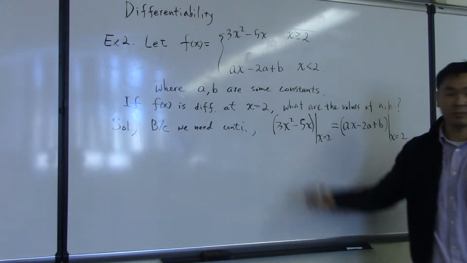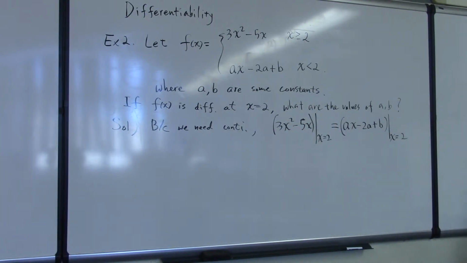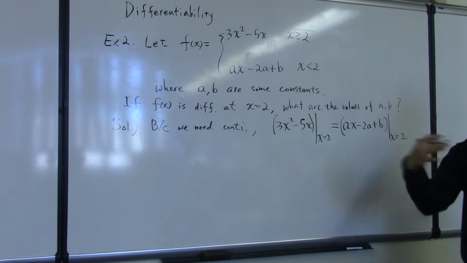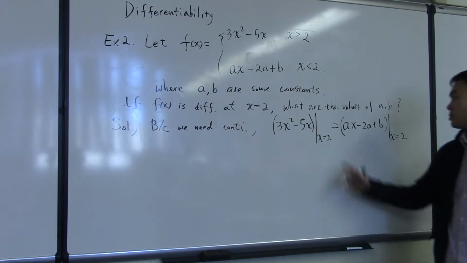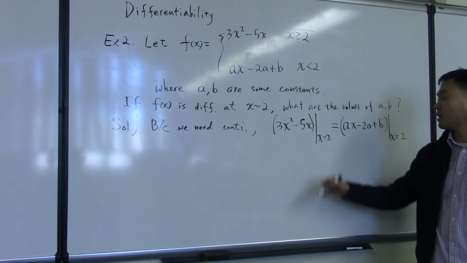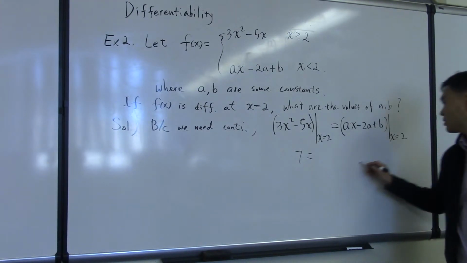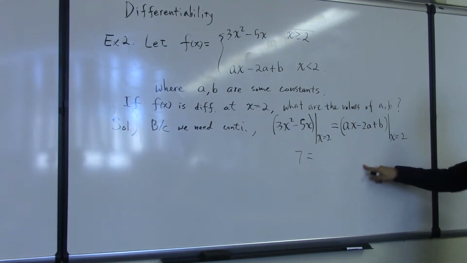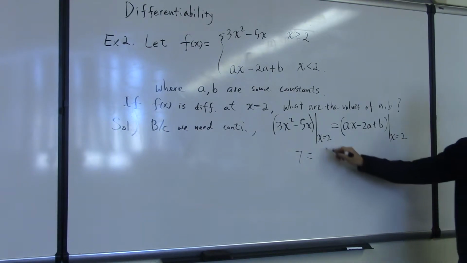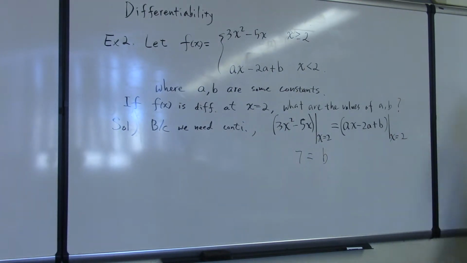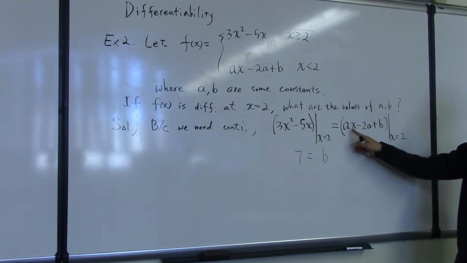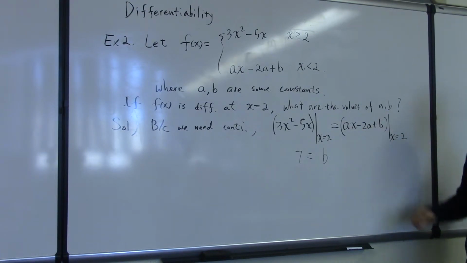These two functions evaluated at 2 should agree if we don't want any jumps between the two graphs. So let's plug in 2, that's 12 minus 5, that's 7 here. And if I plug in 2 here, I will be getting just b, because 2a minus 2a, they cancel each other and you get b. So b is equal to 7.